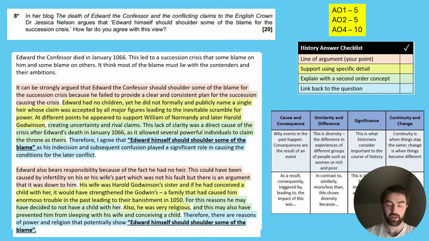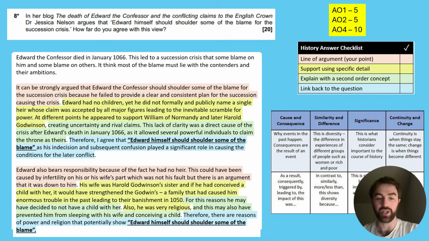And here you go. I've gone through and highlighted the 4 steps. So I'm just going to focus on that first paragraph after the introduction. It can be strongly argued that Edward the Confessor should shoulder some of the blame for the succession crisis because he failed to provide a clear and consistent plan for the succession causing the crisis. That's the line of argument. Edward had no children, yet he did not formally and publicly name a single heir whose claim was accepted by all major figures, leading to the inevitable scramble for power.